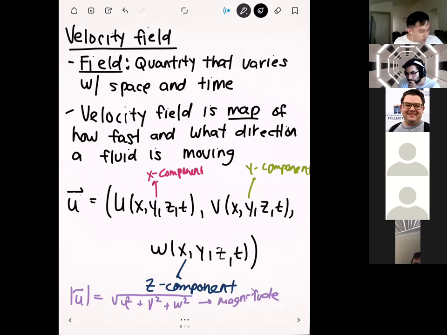Okay, so let's do an example just to illustrate this. This is to give you an idea of what a velocity field is and how to visualize it. In this example, we want to sketch a velocity field.